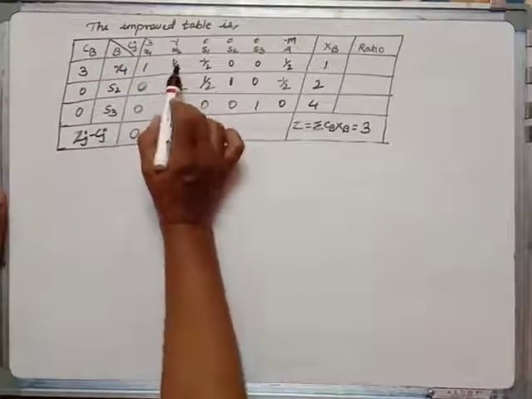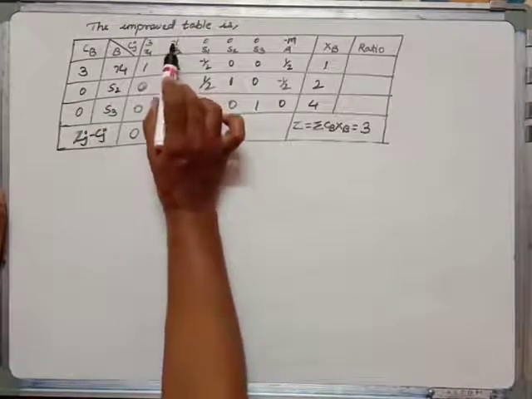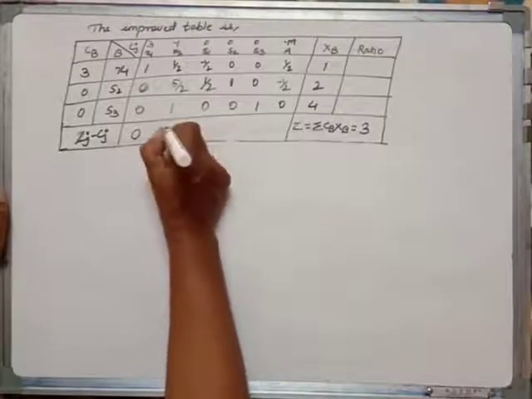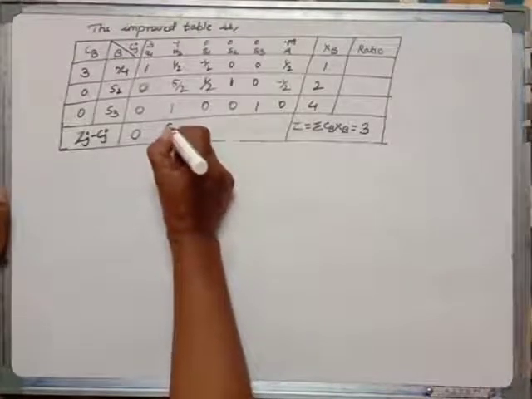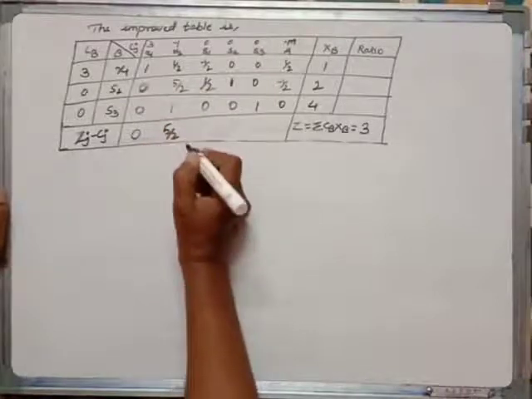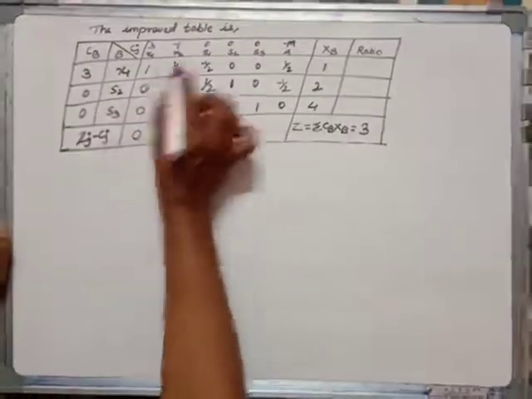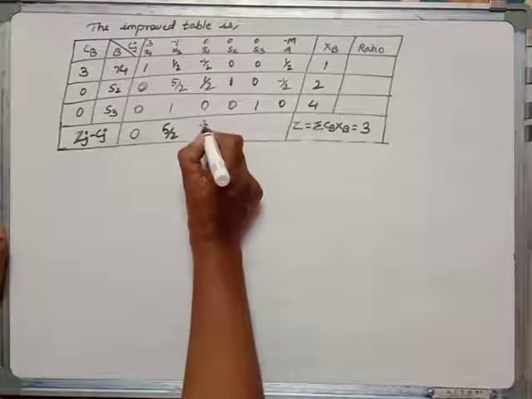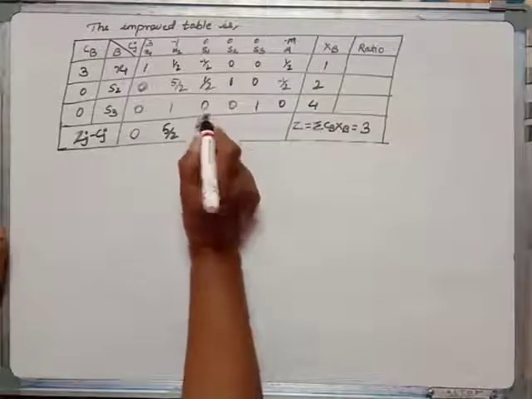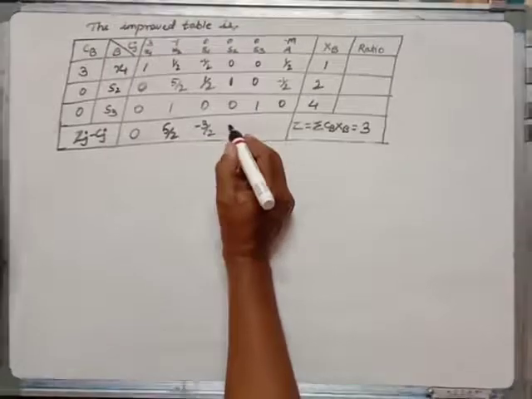Now here it is 3 by 2, 0, 0. 3 by 2 minus of minus 1 means plus 1, so 3 by 2 plus 1 is 5 by 2. Now this is minus 3 by 2, 0, 0, minus 0. So minus 3 by 2 means we get a negative.